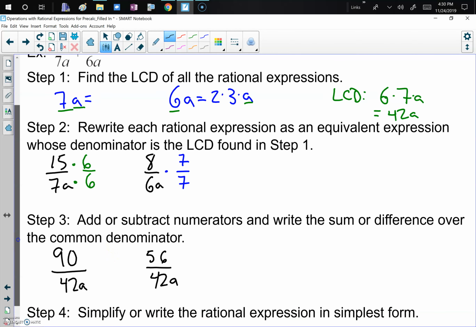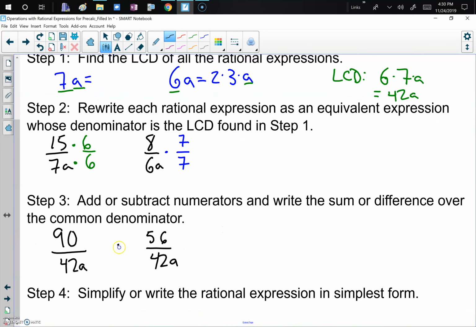And the operation that we were doing was plus, so now I'm going to write that with a plus sign. And I can go ahead and perform the addition now that they have a common denominator. So their denominator is that 42a, and I can go ahead and add up 90 plus 56, which is going to give me 146.